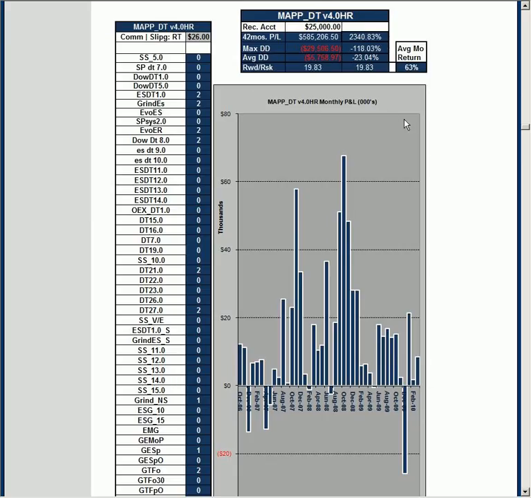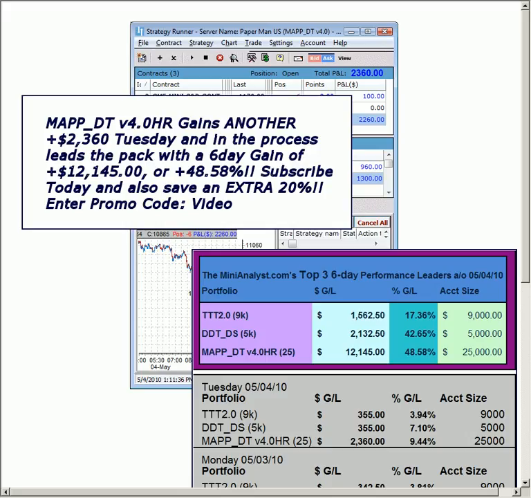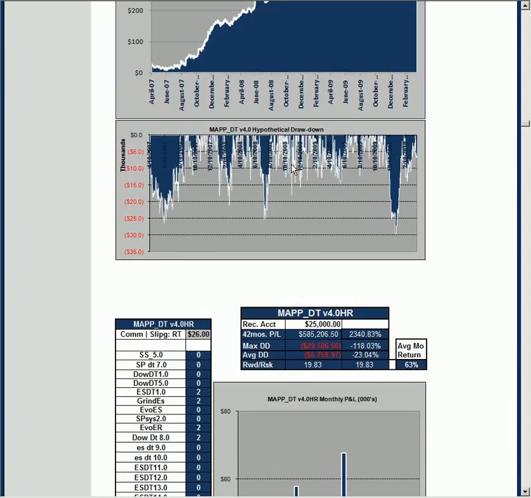But over time, as you can see, 118% maximum drawdown for this very popular portfolio, 2,300% return in 42 months as of March, or through March, January, February, and March of 2010. And as you can see, the portfolio continues to outperform on a relative basis with a 50% return in just the last 6 days.